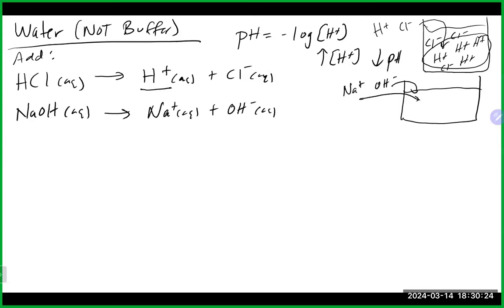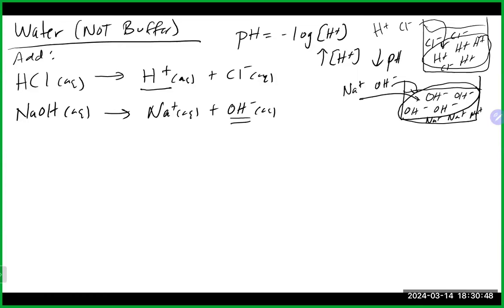What's going to happen in that solution is we're going to get a bunch of OH minuses floating around freely and some sodium ions floating around. Not really important because we know sodium is a neutral salt, right? So not going to do anything to the pH. But what I do have right now is a whole bunch of OH minuses, right?